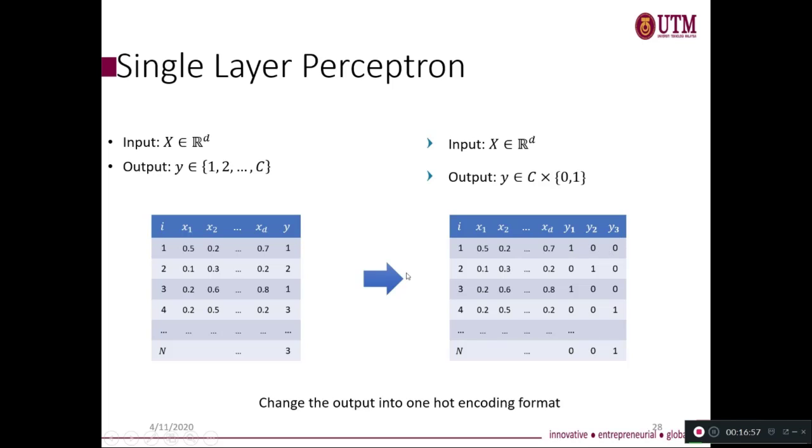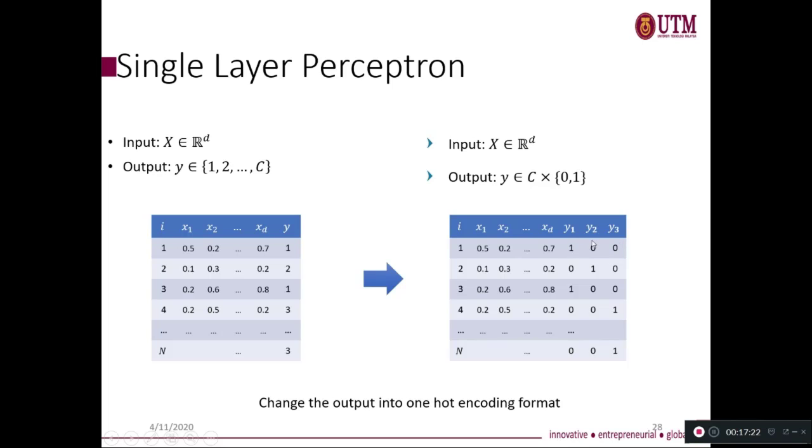For class 2, y1 equal to 0, y2 equal to 1, and y3 equal to 0. For class 3, it should be y1 equal to 0, y2 equal to 0, and y3 equal to 1.